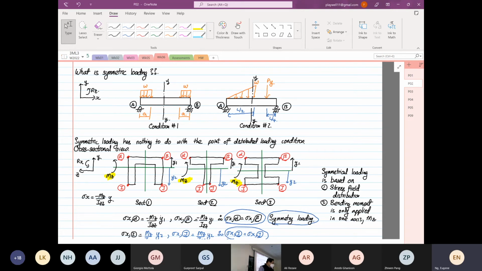Right. So the next thing I want to address, before we do example, is failure analysis. We did a lot of failure analysis in shearing stress. Bending moment also has some failure analysis that we have to learn.